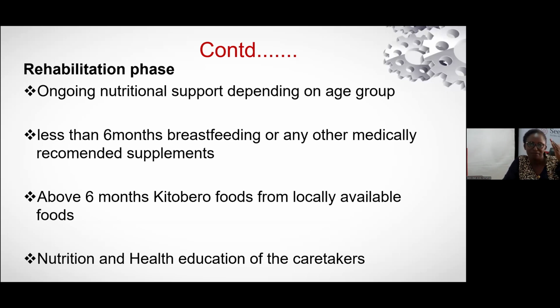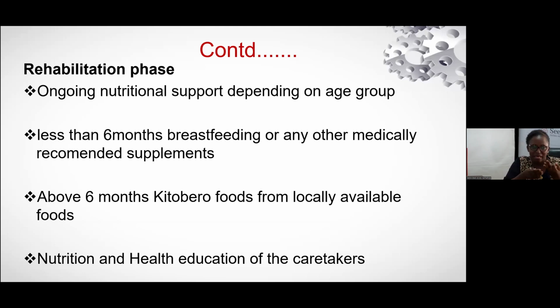Then children who are above 6 months, now here is when we are going to go about the locally available foods, where we're going to give the chitovero. Chitovero is a combination of mixed foods, where we have the go foods, glow foods, and grow foods. We have the animal protein, a plant protein, and a carbohydrate.